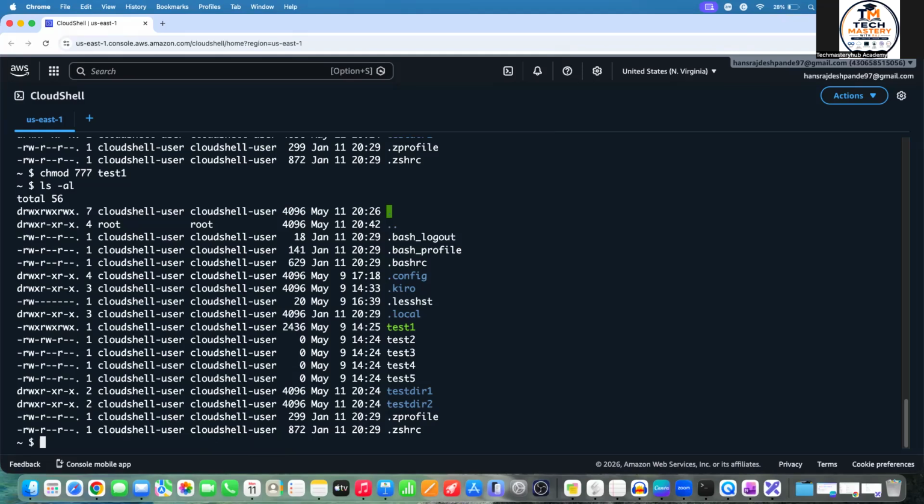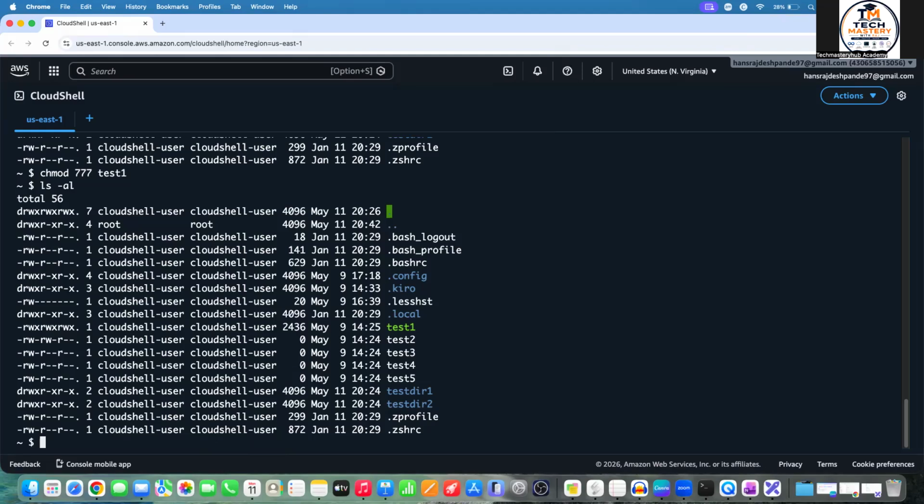Okay, so today what we have learned: Linux permissions, chmod, we have also learned chown, we have learned numeric and symbolic permissions, and user groups also we have learned a little bit. Then we have also discussed how in real DevOps scenarios we can face issues and what the security best practices are.